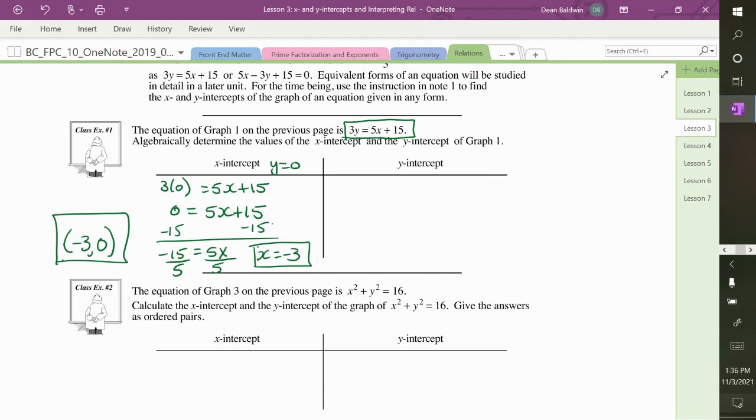All right, the y-intercept. What's the value of x at the y-intercept? So you put x is equal to 0 into the equation. What's 5 times 0? 0. 3y is equal to 15. What do I do now? Divide by 3.